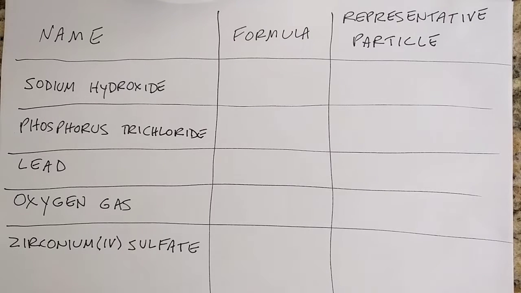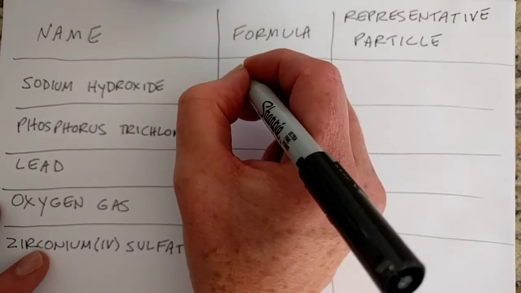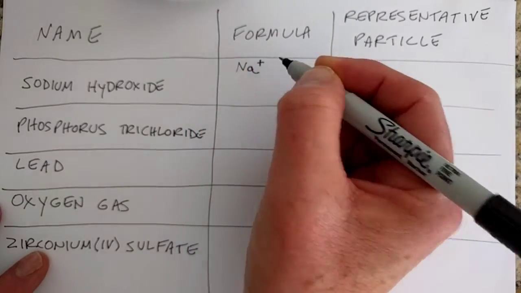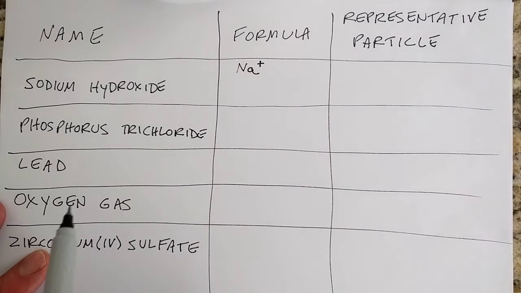Okay, so hopefully you're back from doing the work. Our first substance is sodium hydroxide. We look at our first element, that's the most important thing. Sodium is to the left of the staircase, so that means we have an ionic compound. To get the formula, the sodium ion has a +1 charge, sodium's in group 1, and then hydroxide is a polyatomic ion.